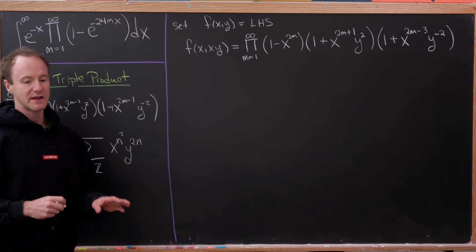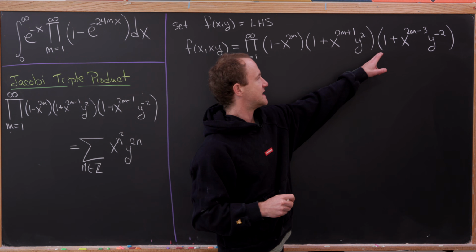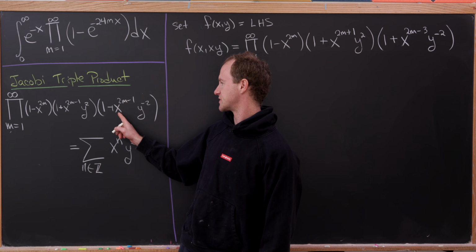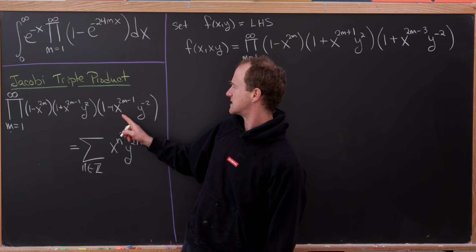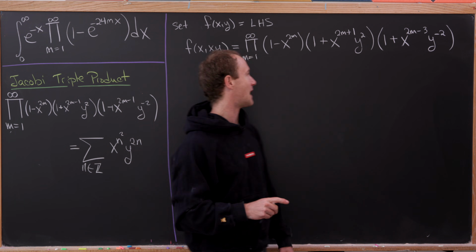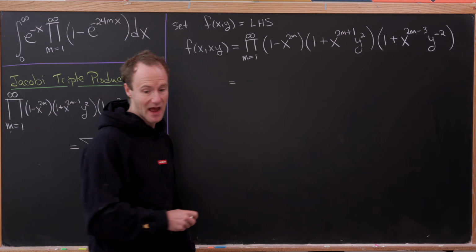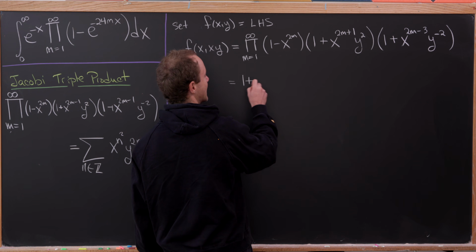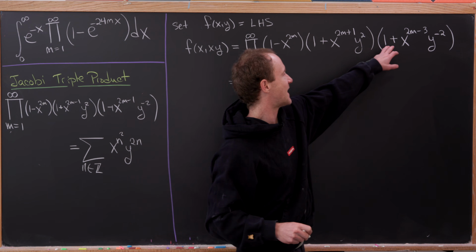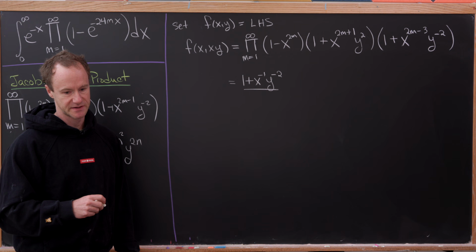But next up, I'm going to factor a couple of things out of this. So notice that now this term is starting lower than it was over here. Here we were starting at an x to the first power, and now we're starting at x to the minus first power. That's our m equals 1 term. So if I factor something out, it'll look like 1 plus x to the minus 1 times y to the minus 2. So that's factoring out the extra term from the third part of this triple product.